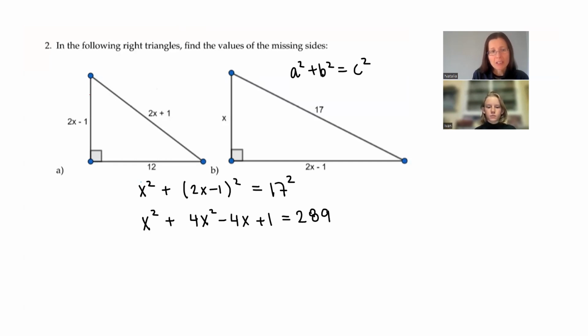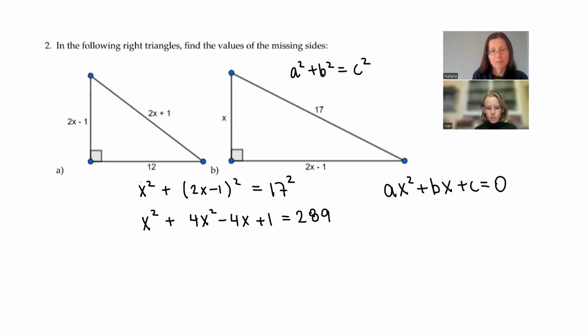And we notice that the quadratic terms do not cancel. So we will need to combine them and move everything to one side. So we will get a quadratic equation in the standard form of ax squared plus bx plus c equals 0. Let's do this. First we can combine the x to the second power.